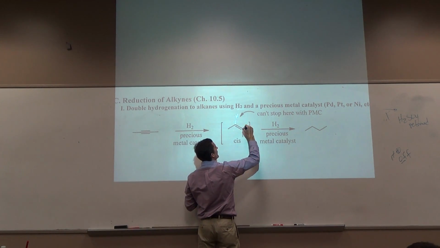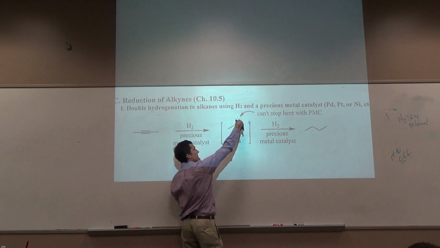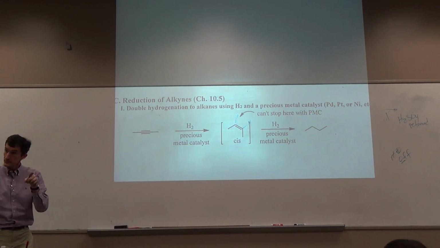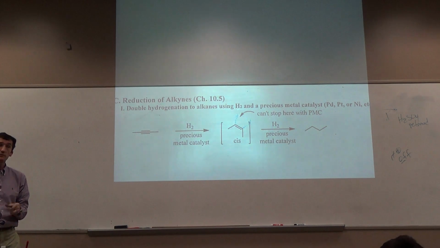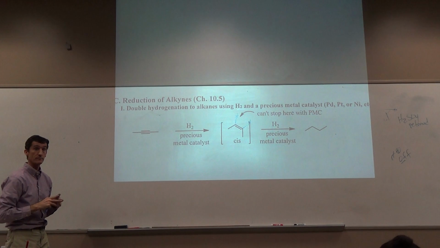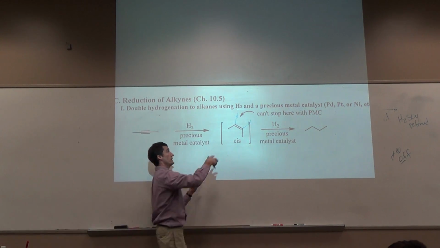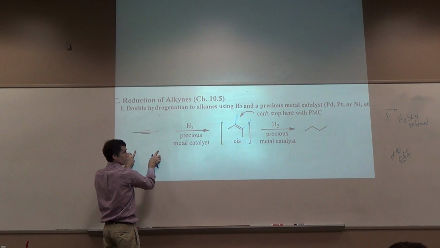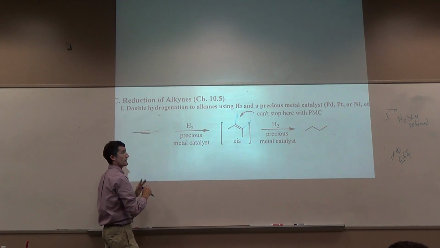Syn, so they're added to the same side. After you add two H's, one equivalent of hydrogen gas, you get a cis alkene, because the two H's are on the same side, pushing the existing groups toward the other side.